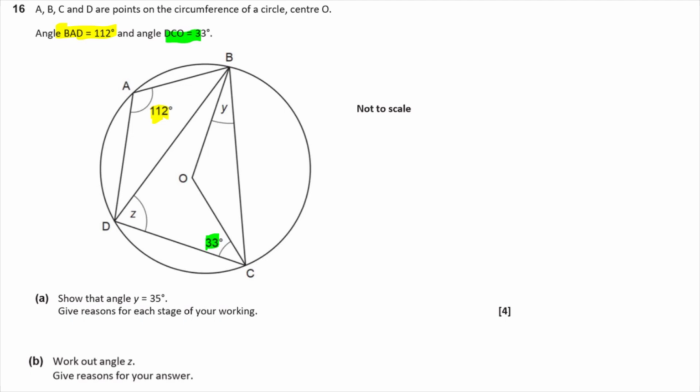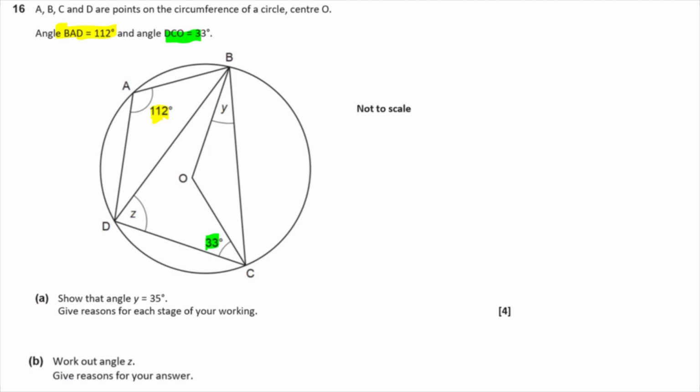Okay, so how are we going to work out y? Now with these complicated looking circle theorems, you've got to find a way of fading out a lot of the information and just look for the shapes that you know.